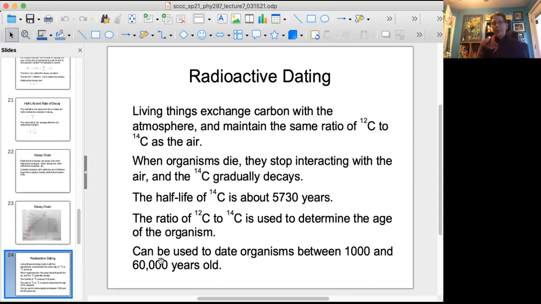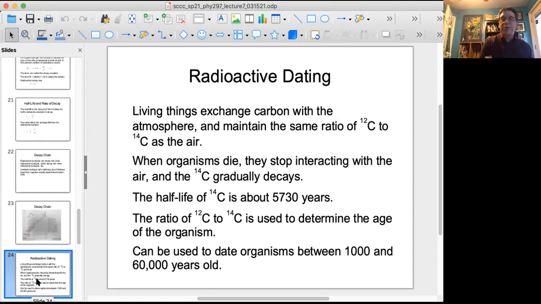The ratio of C12 to C14 is going to be higher in a dead organism, and we can do this fairly reliably between 1,000 and 60,000 years old.